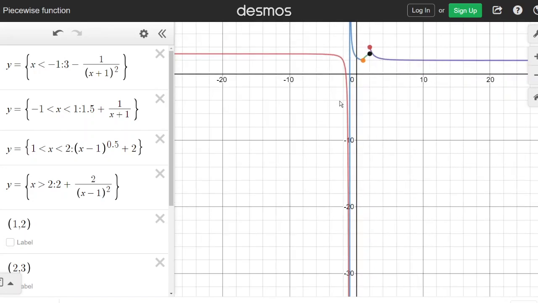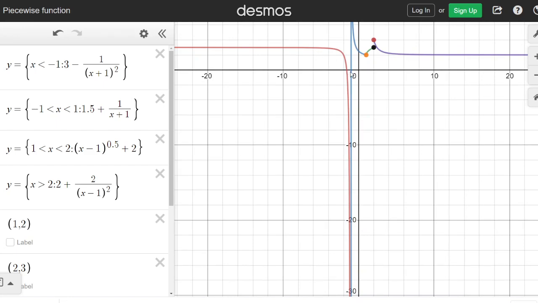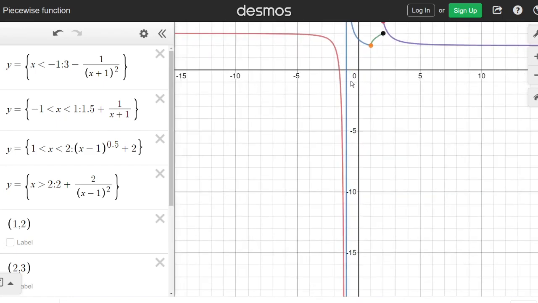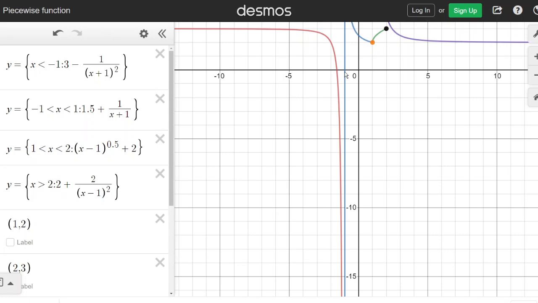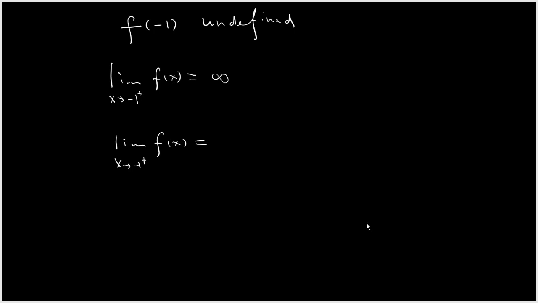Now we are talking about the limit of the function as x approaches -1 from the left. So -1 is here. Yeah, negative infinity. In this course, we do differentiate two infinities. So the limit of the function as x approaches -1 from the left is negative infinity.